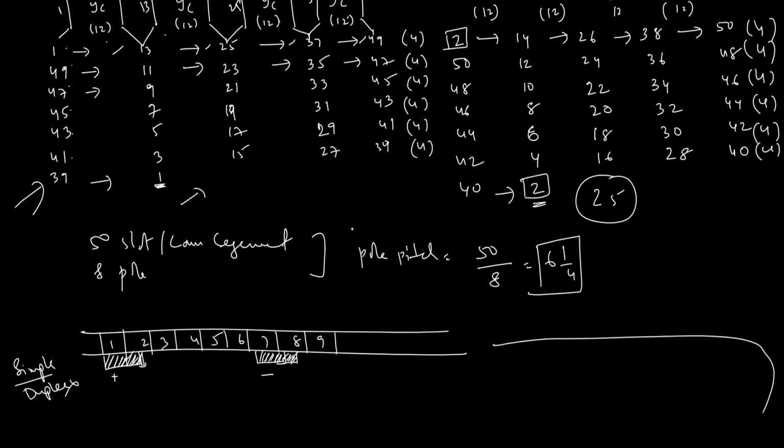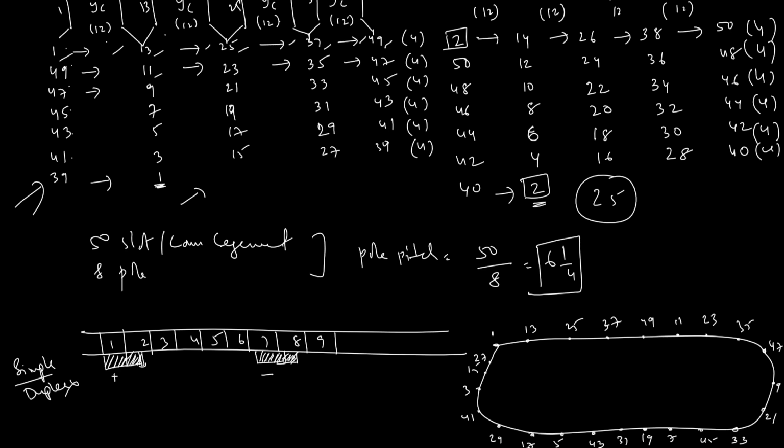We start from 1, then 13, 25, 37, 49, 11, 23, 35, 47, then 27 and 39, and then 1.